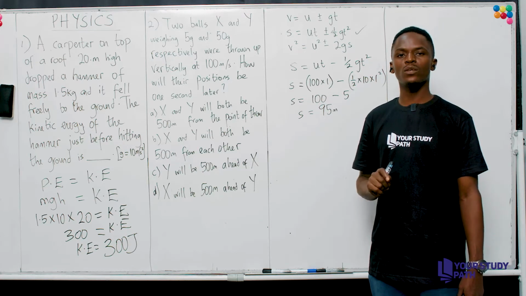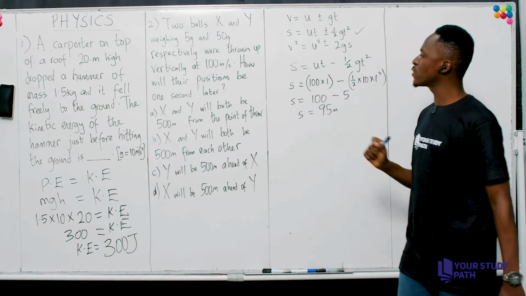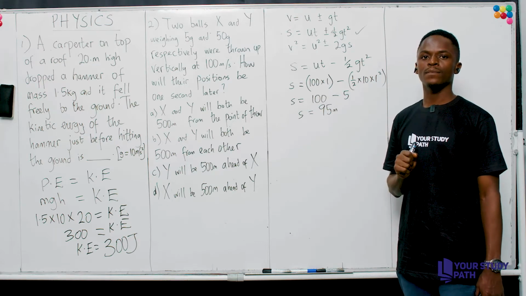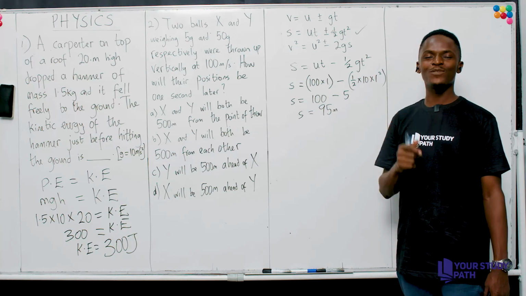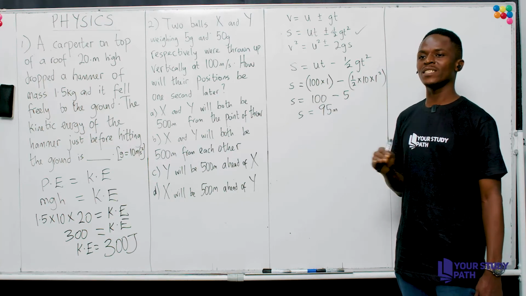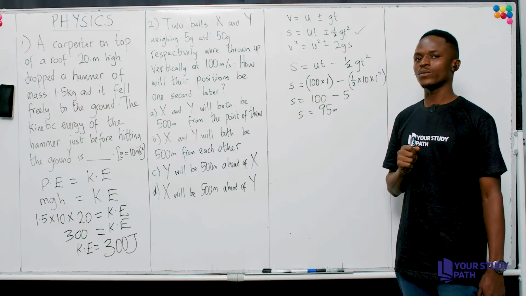No option is actually correct, because even in terms of the distance covered, the distance is going to be 95 meters. So I'm sure that tallies with what you have in your mind. If not, I'm sure you now have a clear understanding of what the explanation is all about.